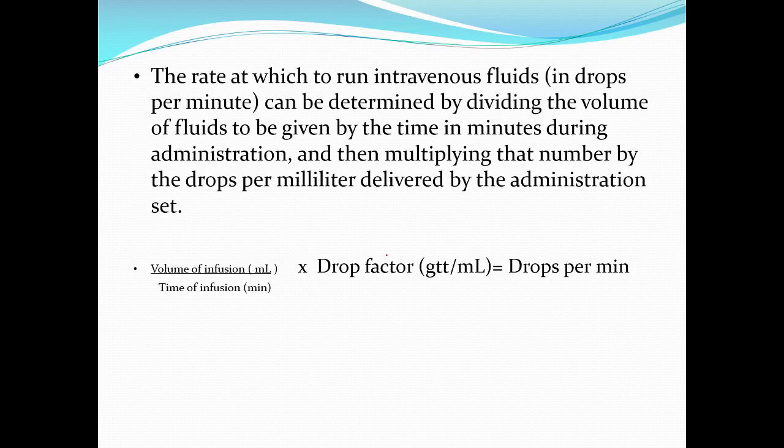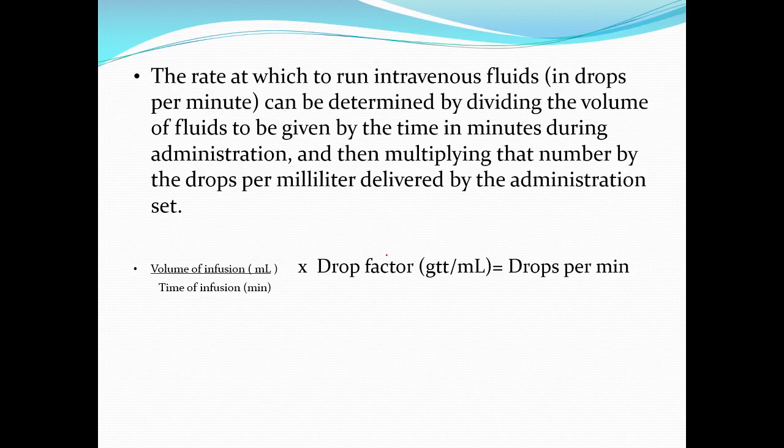So 60 drops, or GTT is the other abbreviation for that. 60 GTT per mil. The other one is either 10 or 15. You just have to look to see which it is, and that's called a macro drip. And that delivers 10 or 15 GTT per mil.